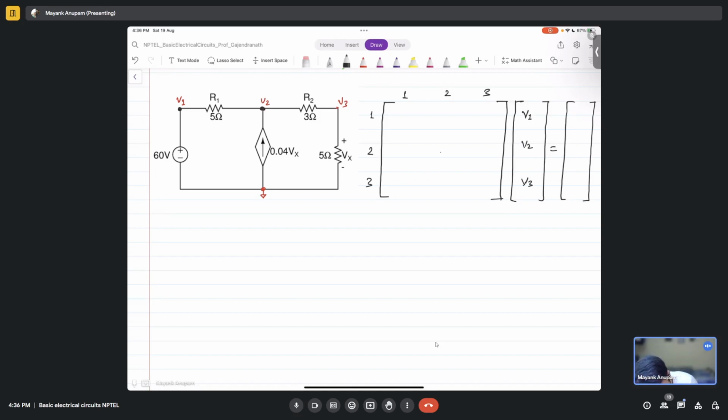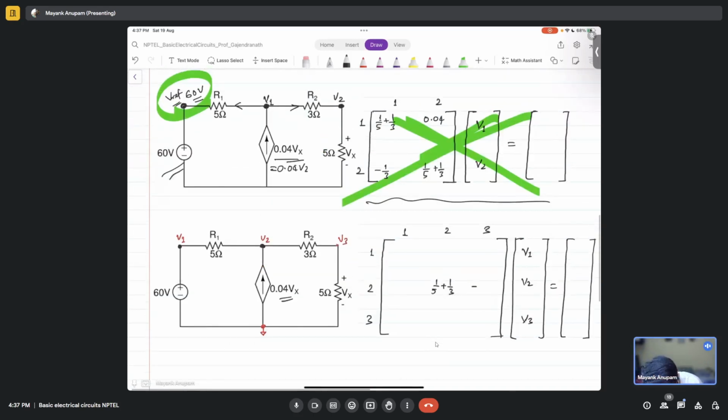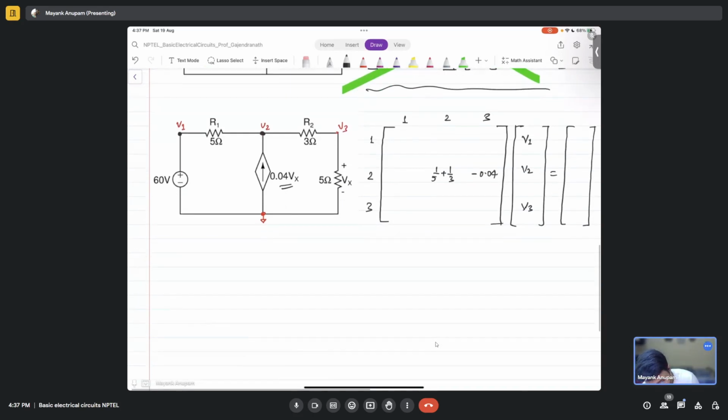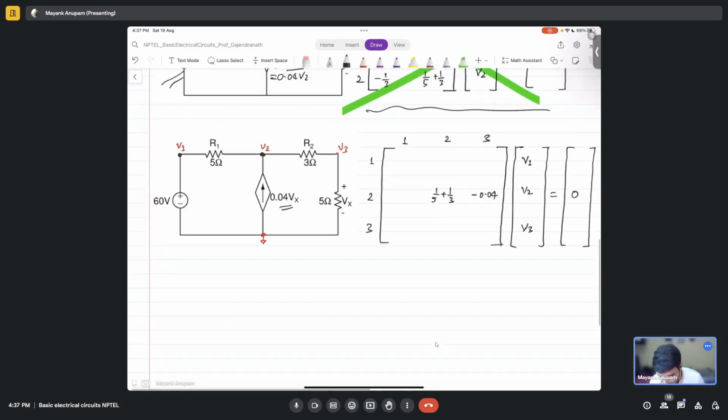Tell me this entry, the 2 comma 2 entry. This will be 1 over 5 plus 1 over 3. Correct? And this is 0.04 times Vx, which will be minus, in which direction? I think I made a mistake somewhere here. This is minus 0.04. All right, so this will be minus 0.04, right? And this will be 0 here. Fine.